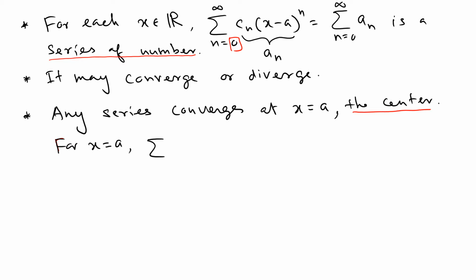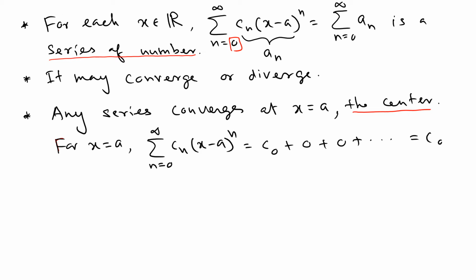Let's write the expansion, the sum from 0 to infinity of Cn times x minus a to the n. If you plug in x equal a, the first term is C0, and everything else is simply 0, a bunch of zeros. So it's C0. So for x equal a, it always converges to a finite number C0. Any series converges at x equal a.